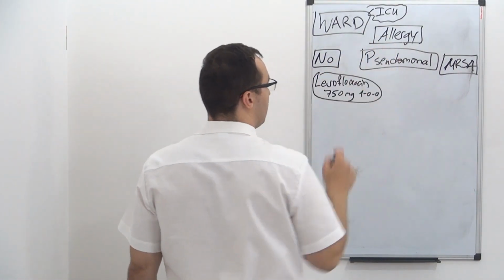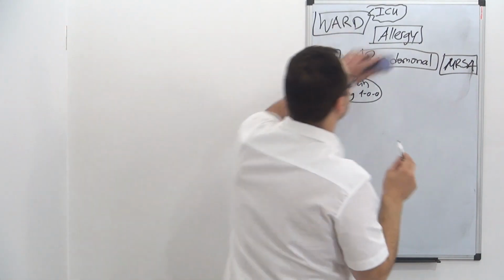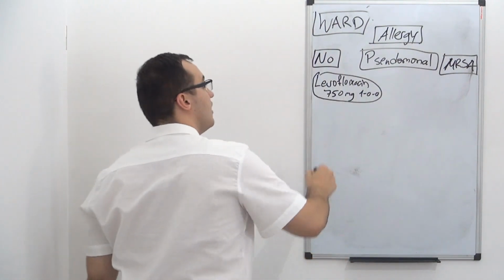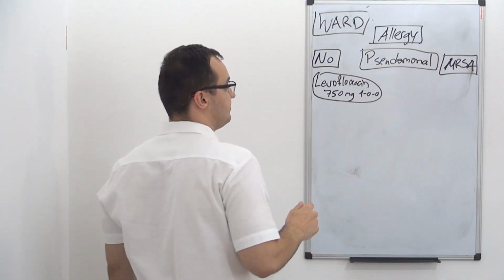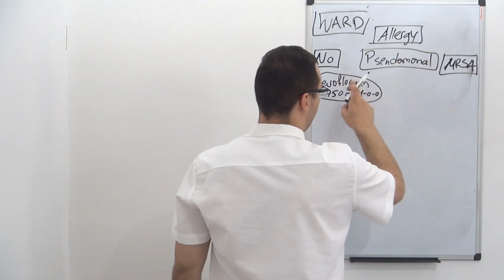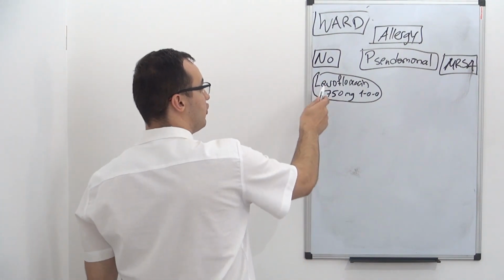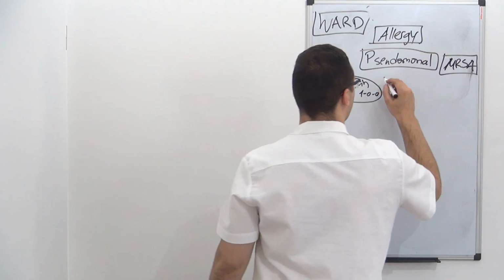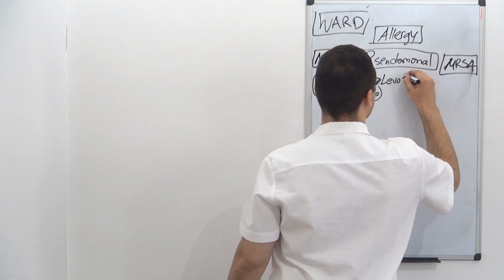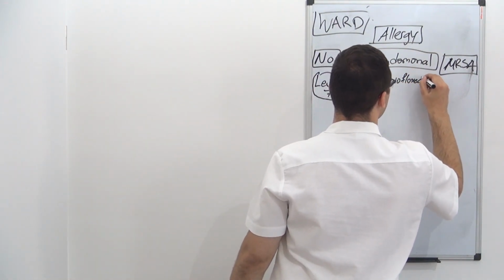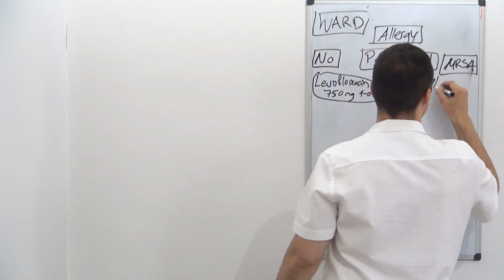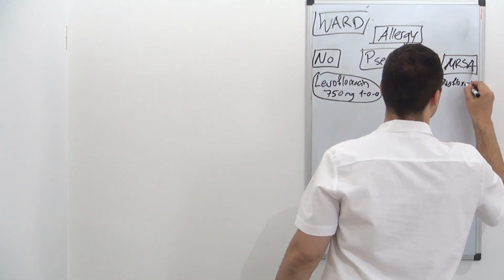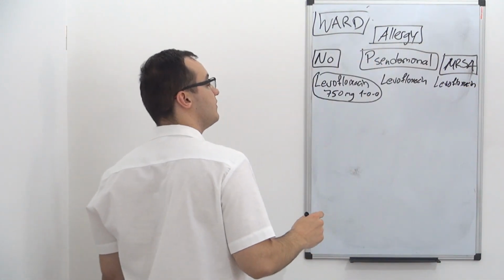What do I do with pseudomonal? And this is in ward patients. So let's forget ICU for a moment. What do I do with pseudomonal? I also give levofloxacin. So I will give levofloxacin for all of these cases. For pseudomonal, I also give levofloxacin. And for MRSA patients also, levofloxacin.